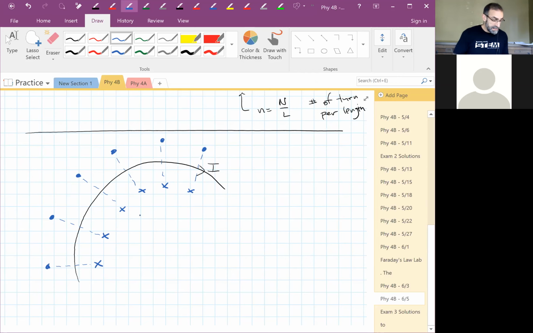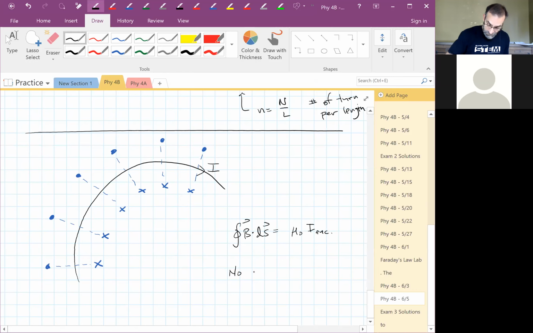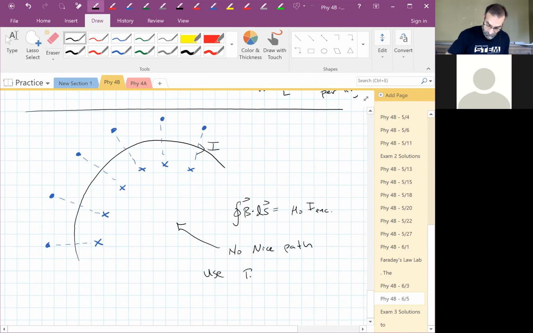So because we don't have any nice path to use for our Ampere's law, we would use the Biot-Savart law.